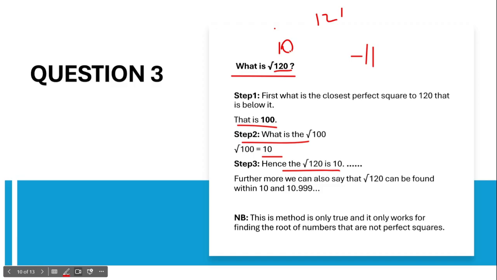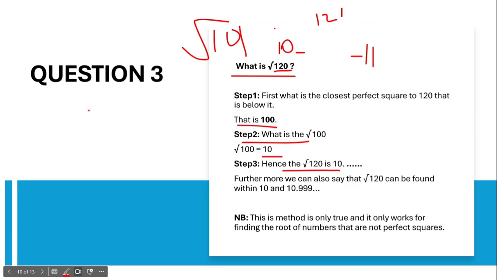Assuming this number was like 101, let's say they've told you to find the square root of 101, we can then say that the answer should be closer to 10 because 101 is closer to 100. So if they give you 10.1, you just pick it.